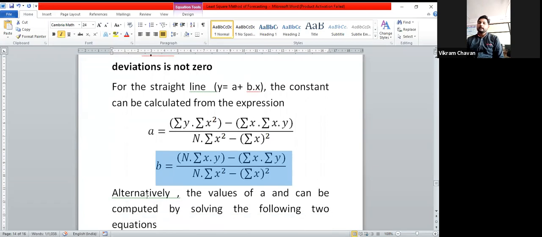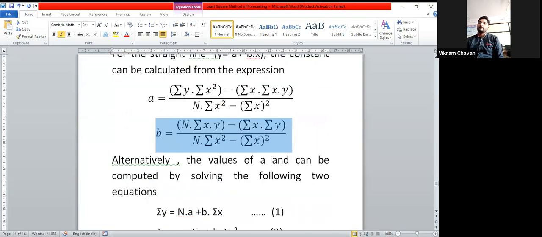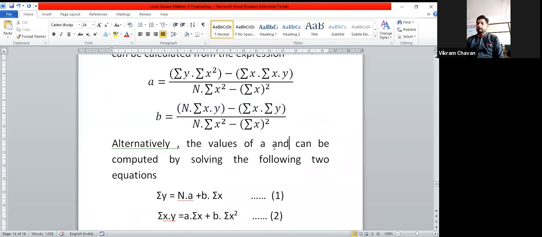Next, you can write: alternatively, the values of a and b can be computed by solving the following two equations.